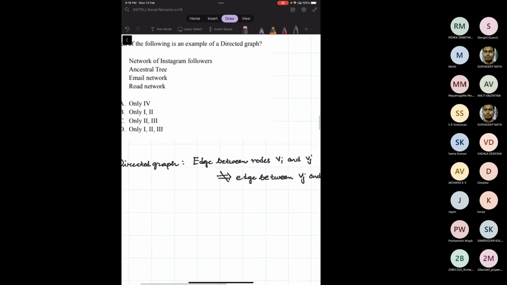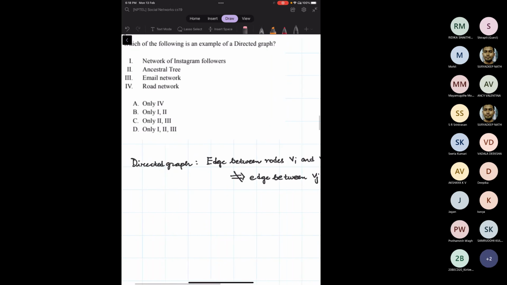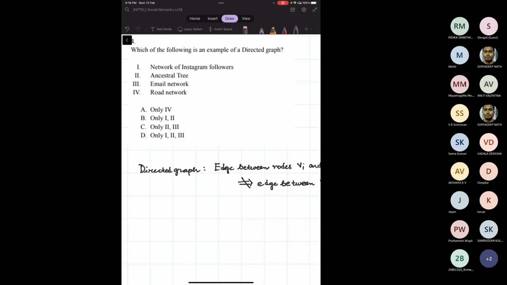So if Vi is somehow connected to Vj, it does not mean that Vj is connected to Vi. So in such cases, we use a directed graph. So let us consider the first example. So that will make things clearer.